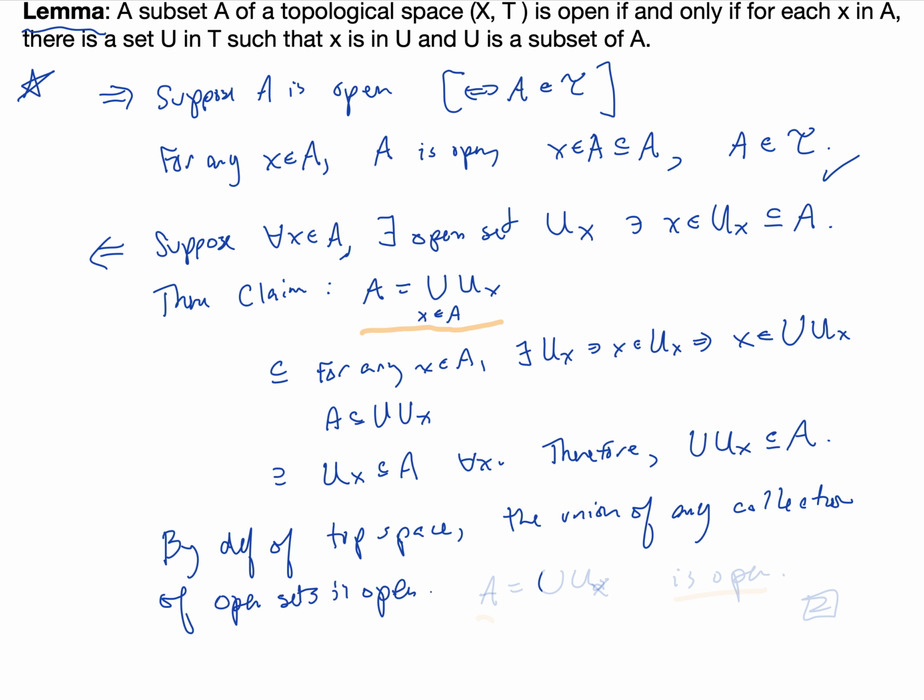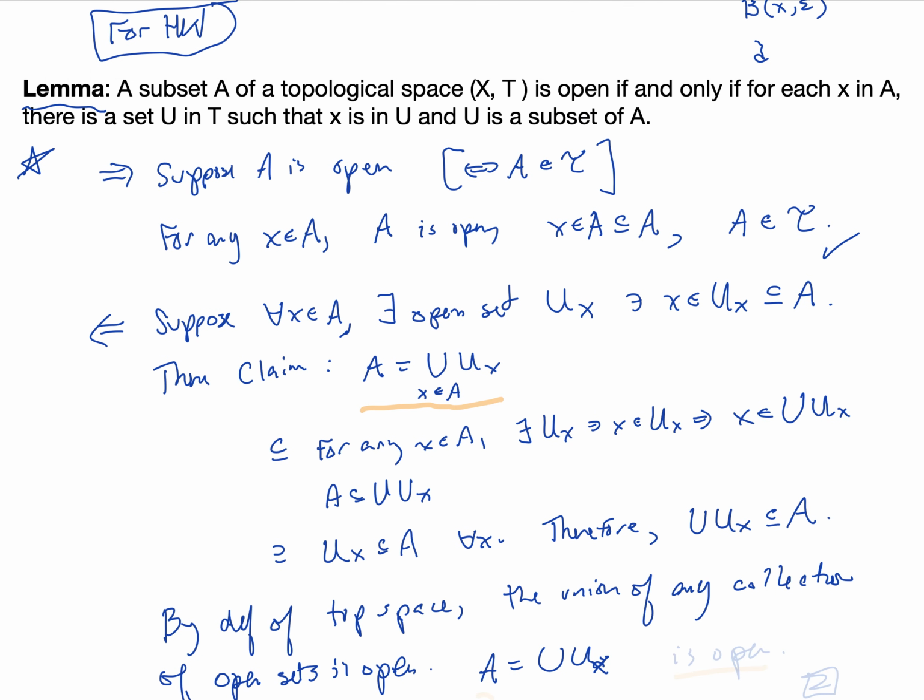So because A equals the union of these U sub x's, and each of these U sub x's is open, therefore A is open. And so we've proved both directions, that a subset A of a topological space is open if and only if for each x in A, there's a set U in tau such that x is in U and U is a subset of A.